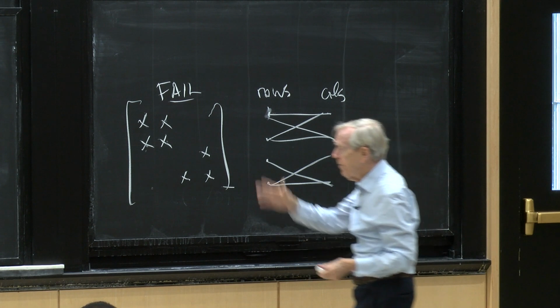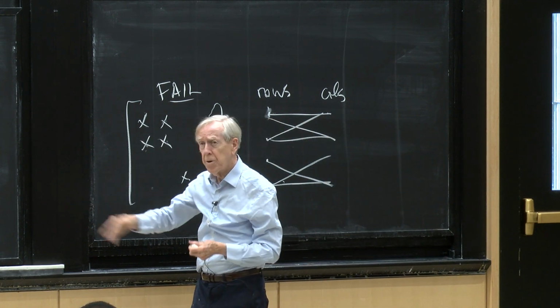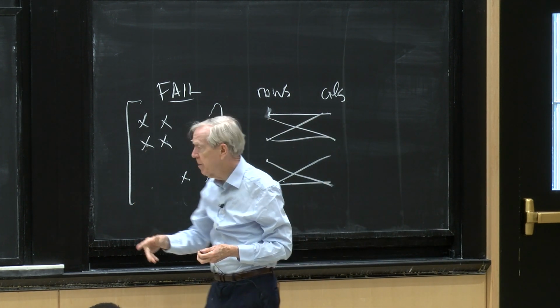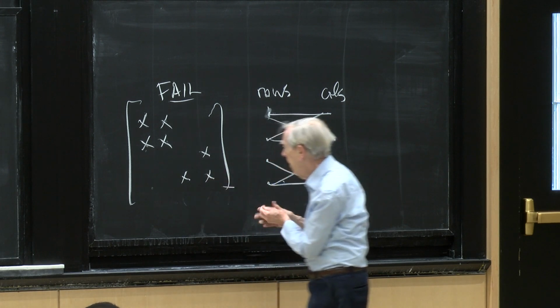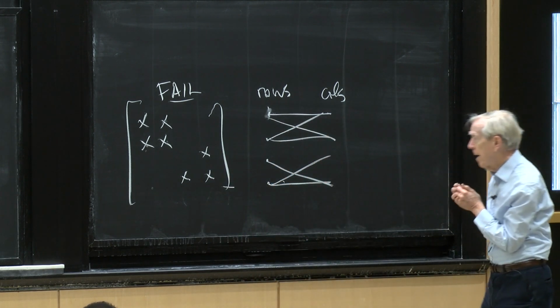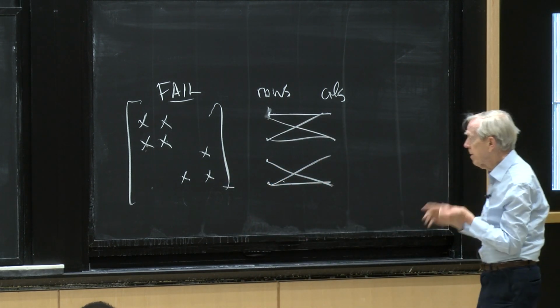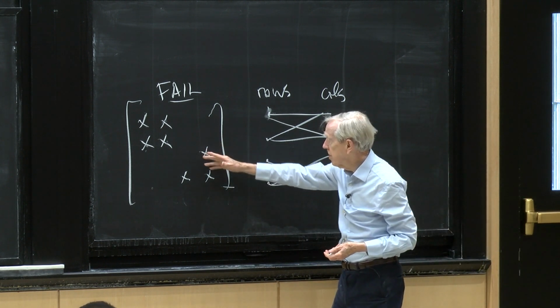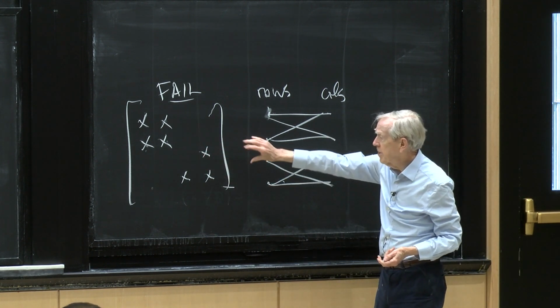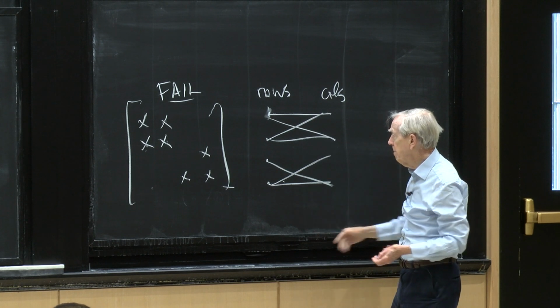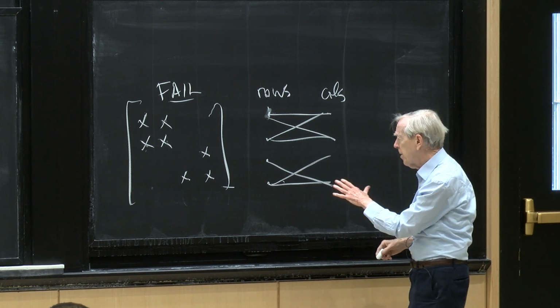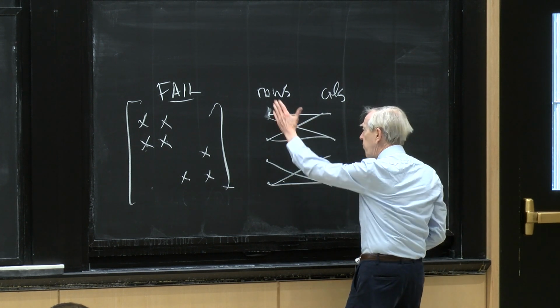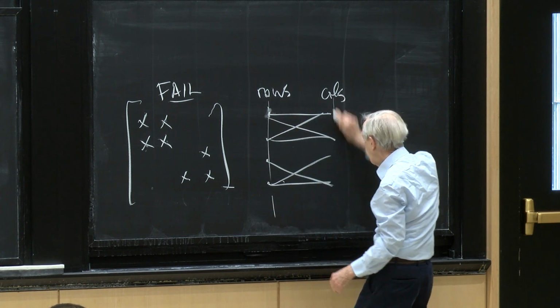So if I give any 7 positions, or any m plus n minus 1 positions like that, I can create a graph like that, just following the rule that you saw. Those 7 positions gave me 7 edges in my graph, and it's a bipartite graph because every edge goes from this part over to this part.